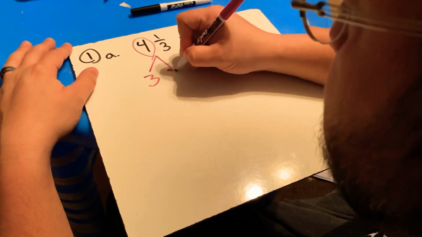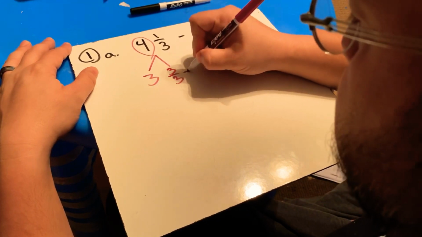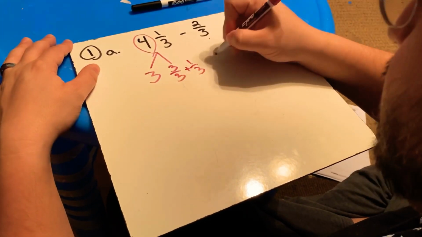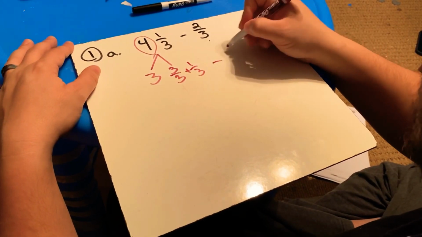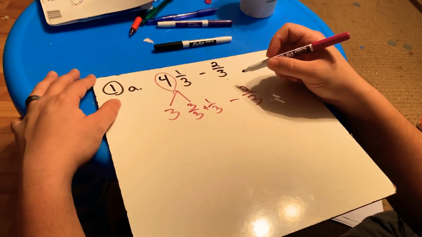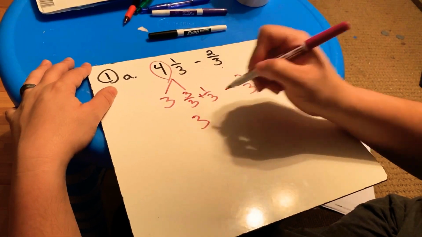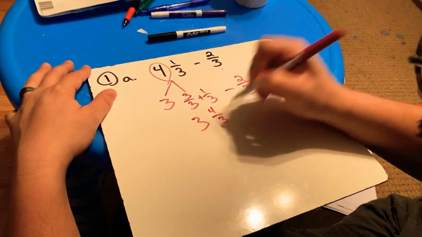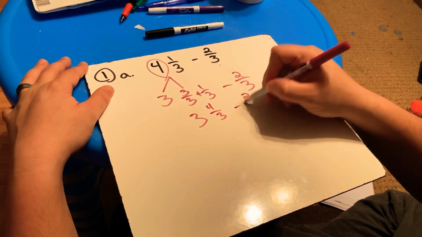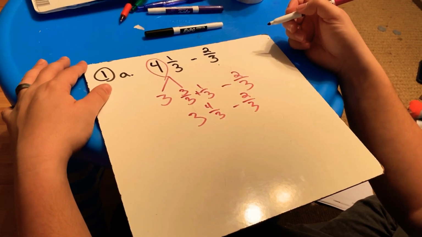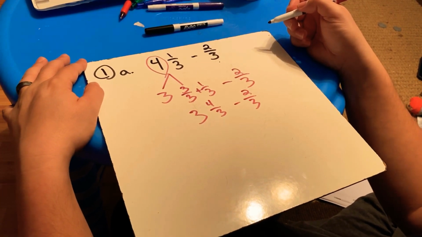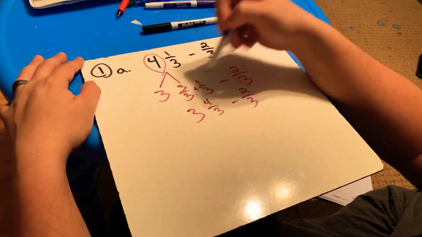So this is 3 and 3/3 plus 1/3 minus my 2/3. Let's add my 3/3 and my 1/3 together, and that leaves me with 3 and 4/3 minus my 2/3. On the guided practice, you'll see how they got to this.